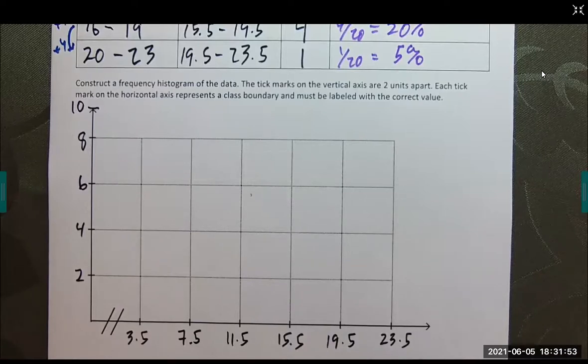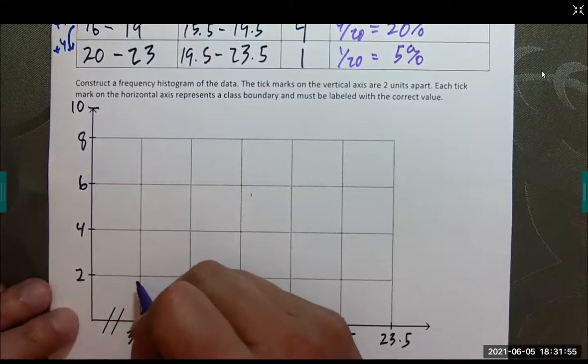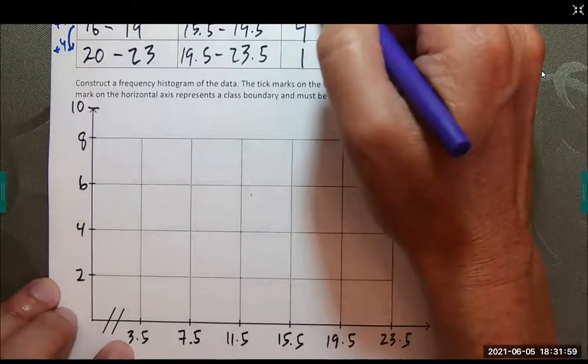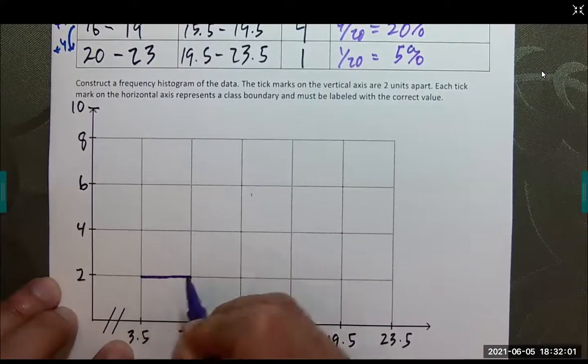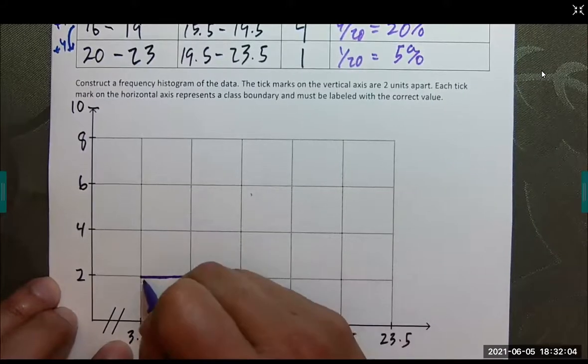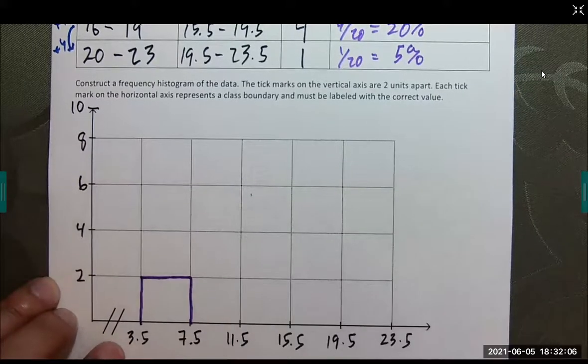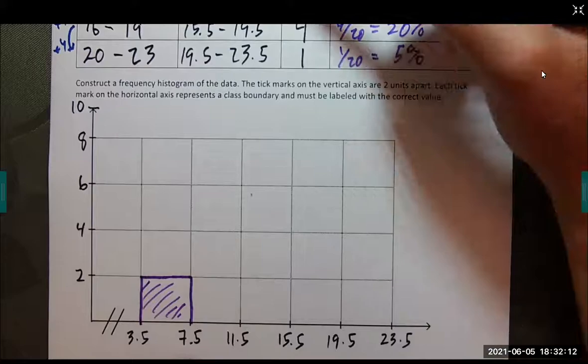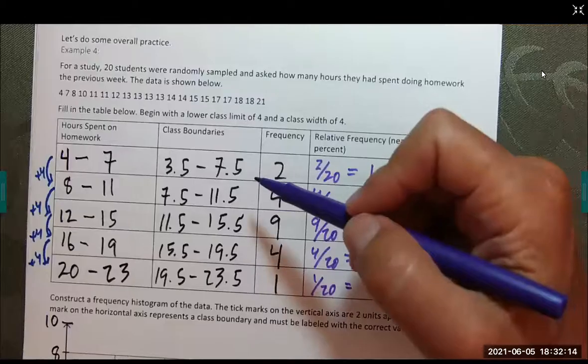And I'm going to note that between 3.5 and 7.5, the frequency is 2. And we could shade that in if we wanted to. Between 7.5 and 11.5, we have 4.